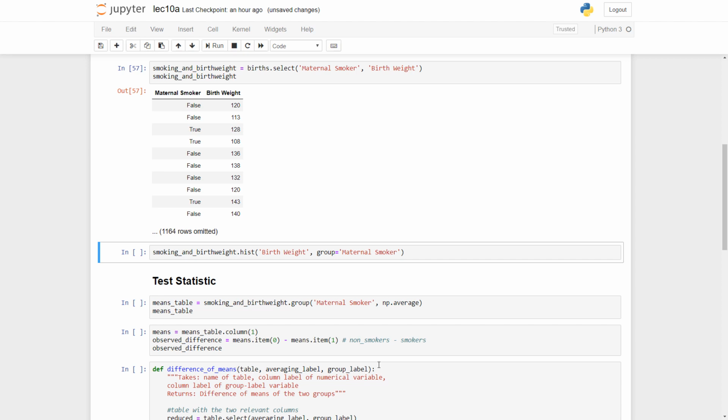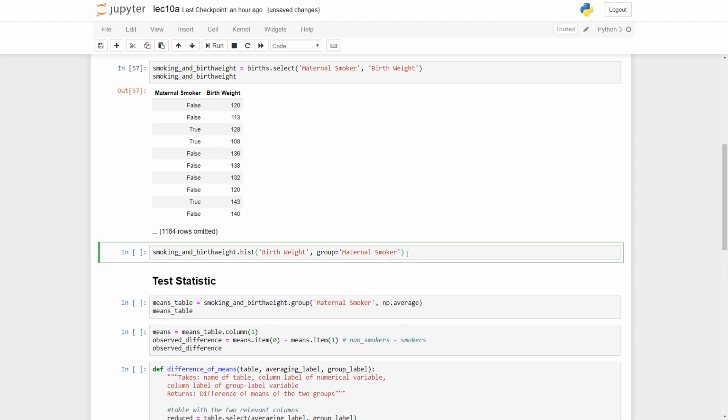Now let's look visually at the two groups. Let's see how the distribution of the weights of the babies differs between the two groups, and how different they are from each other.